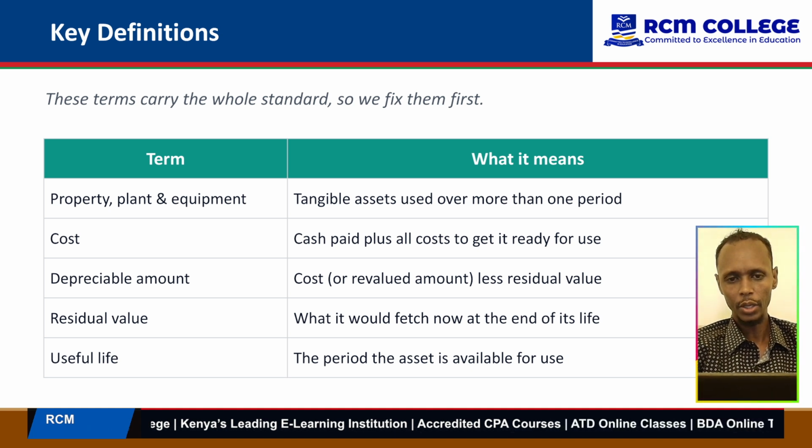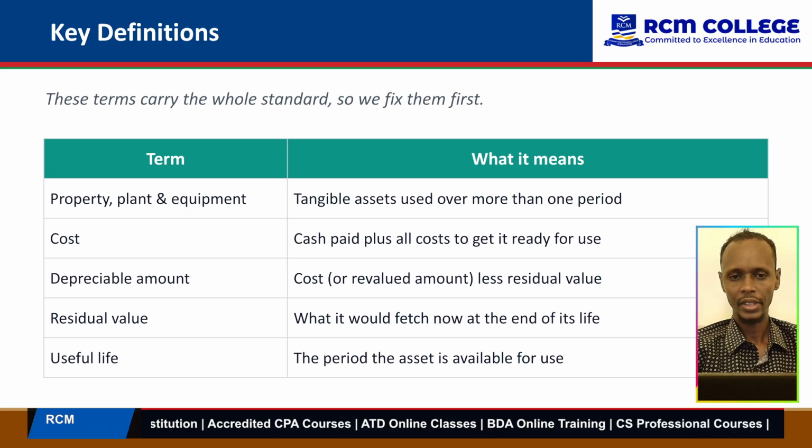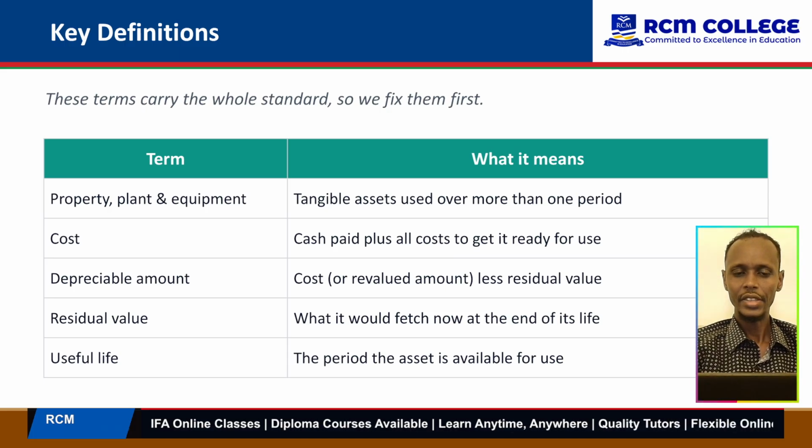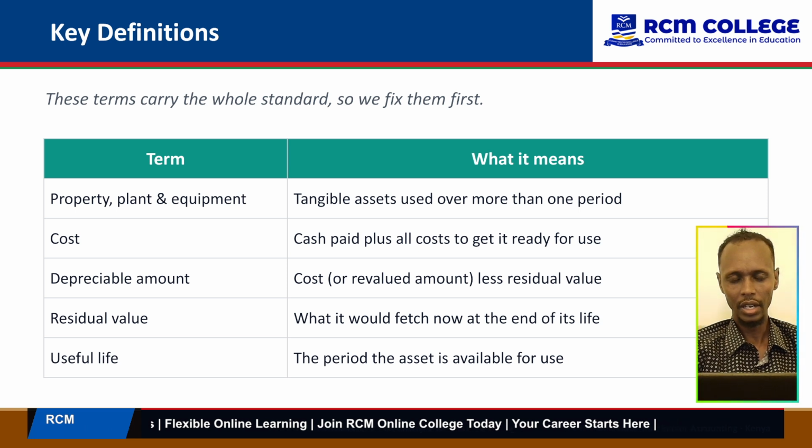So 5 million less 500,000 is the amount you can depreciate. That is what we call the depreciable amount. So it is the cost less residual value. Residual value is the scrap value, the amount it will fetch you at the end of its useful life.